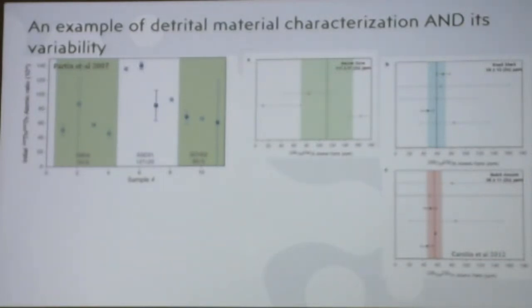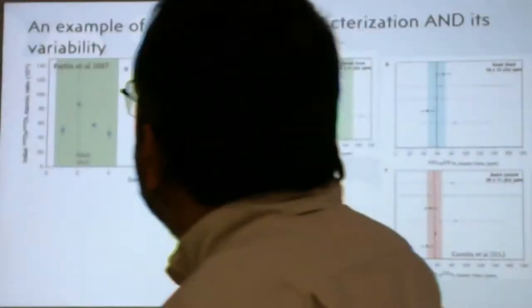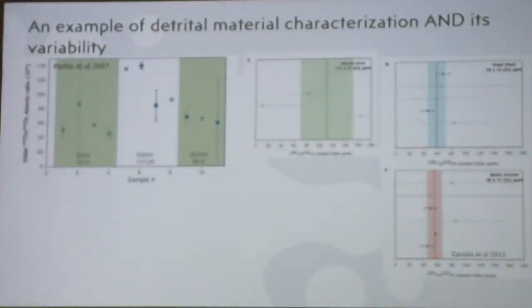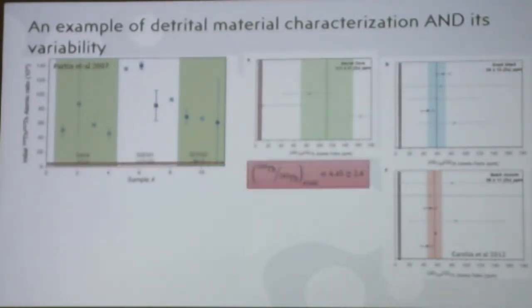Why was this important? Why do they have to go through all this effort? This is the summary of the thorium-230/232 atomic ratios that they were obtaining on different parts of the stalagmites. These are the different values, different stalagmites, and this is the composition of the crust.